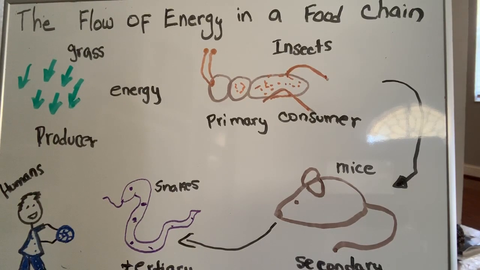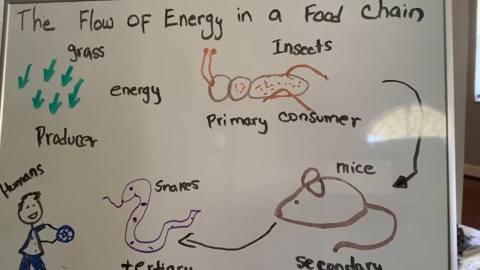Then we have what are called the omnivores. These are the ones that eat both plants and animals and can be classified as first level, second level, or third level consumers. Humans are examples of omnivores, eating meat, plants, and just about anything. Okay.